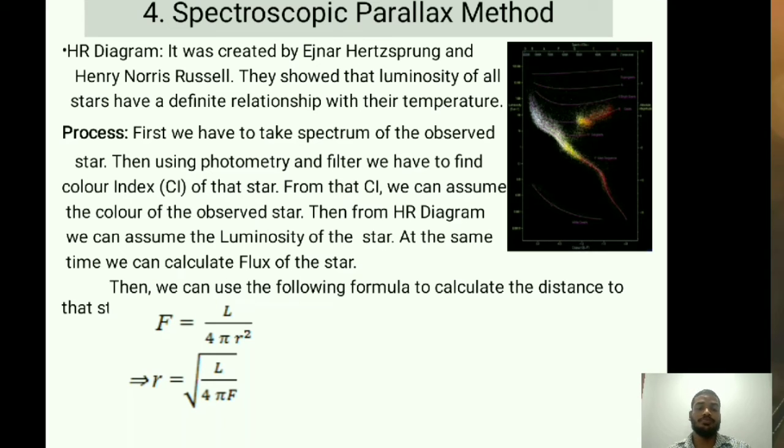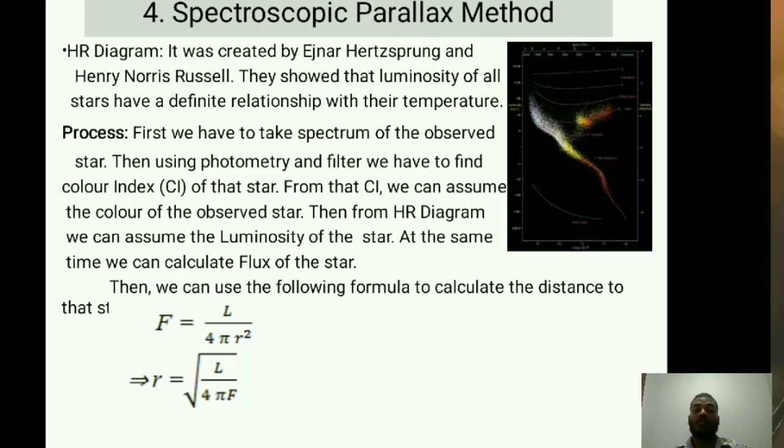Now, to calculate the distance with the help of this, first we have to take the spectrum of an observed star. Then using photometry and filters, we have to find the color index of the star. From the color index, we can determine the color of the star. Once we know the color, then from the HR diagram we can estimate the luminosity of the star.